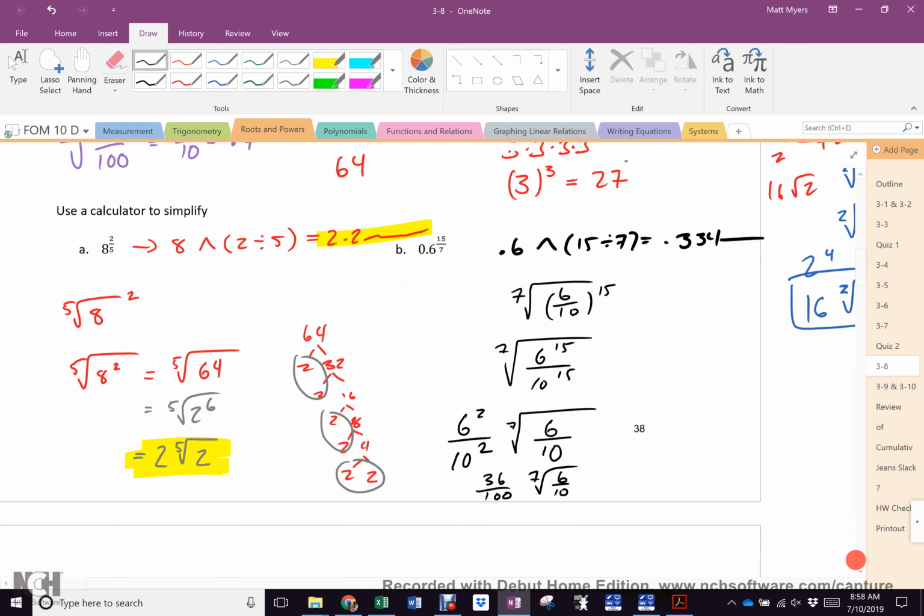Can I simplify that any more? 9/25, 7th root 3/5. That is super hardcore. Right?